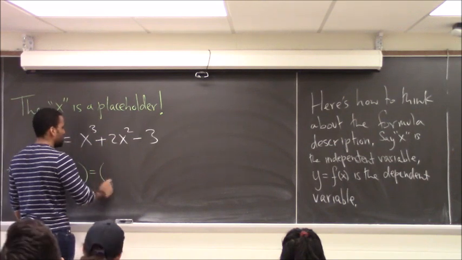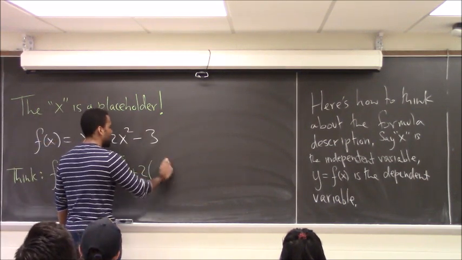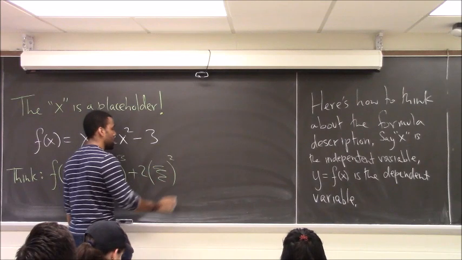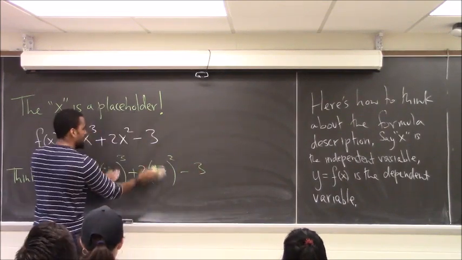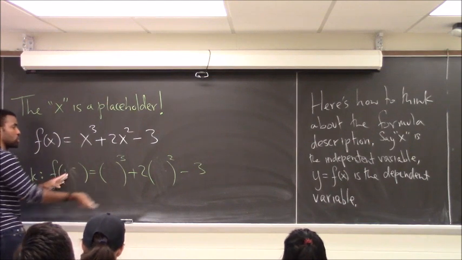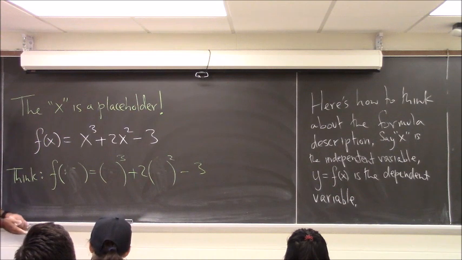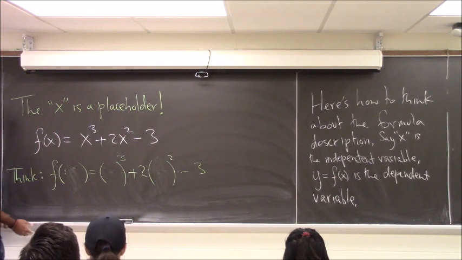I'm going to take blah and cube it, take 2 times blah squared, and subtract that. You want to think of the x as a void, where if you put anything here, it shows up in this position and that position. That's it. That's how you want to think about a formula.